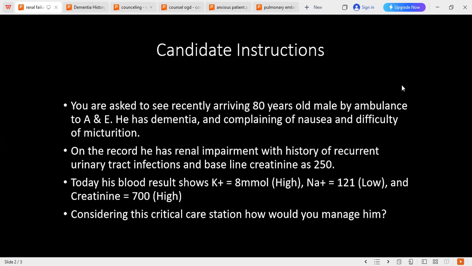Diet and endocrine, if you could tell me. Regarding diet, usually the Western diet contains 20 to 100 millimoles of potassium daily, and regarding endocrine, aldosterone is secreted by the zona glomerulosa of the adrenal cortex.